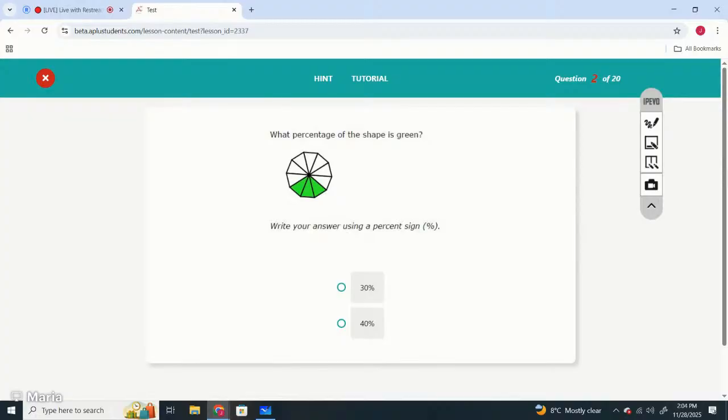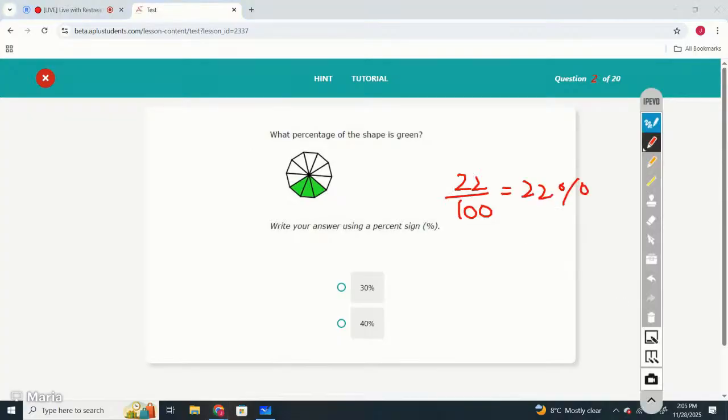What percentage of the shape is green? 1, 2, 3, 4, 5, 6, 7, 8, 9, 10. 3 out of 10 are green, right? So just divide 3 by 10 and we need to multiply it by the 100 because we need to write the answer in percentage form, right? 0 and 0 cancel out.